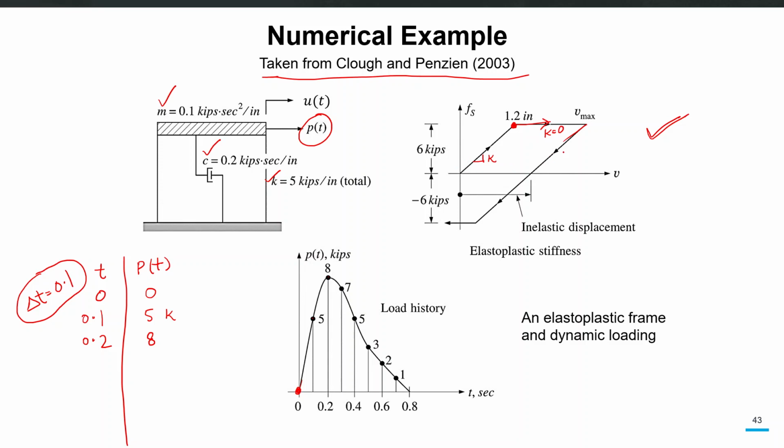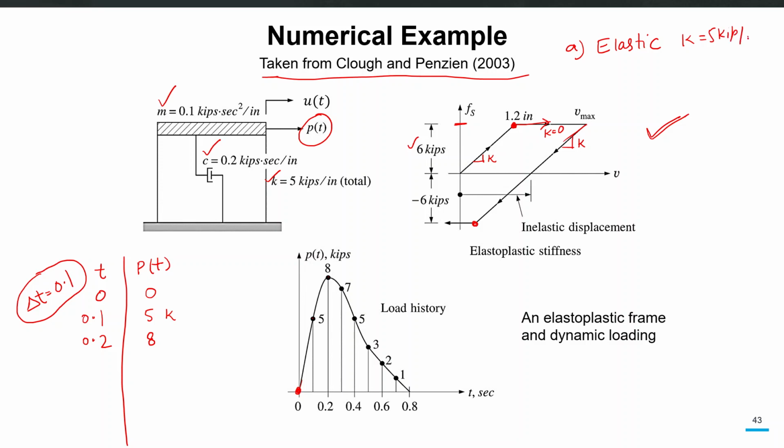So this is the initial k and this is the unloading k, which is the same as the initial k, and it can also yield in the other direction, and the yield point is also given, which is 6 kip.